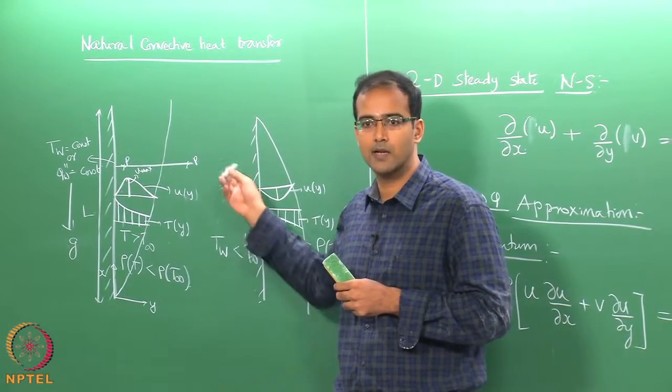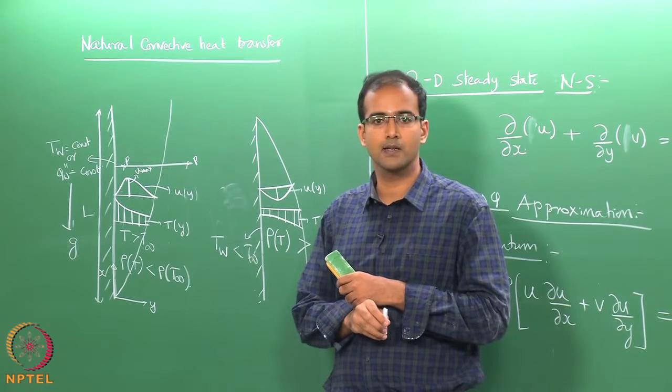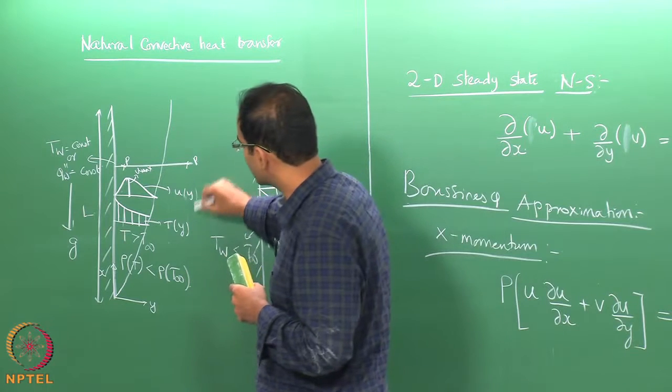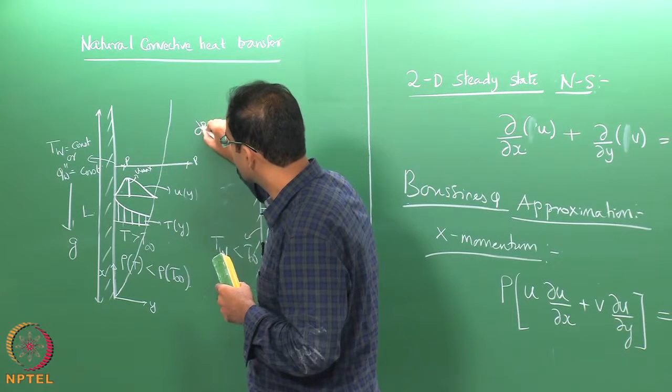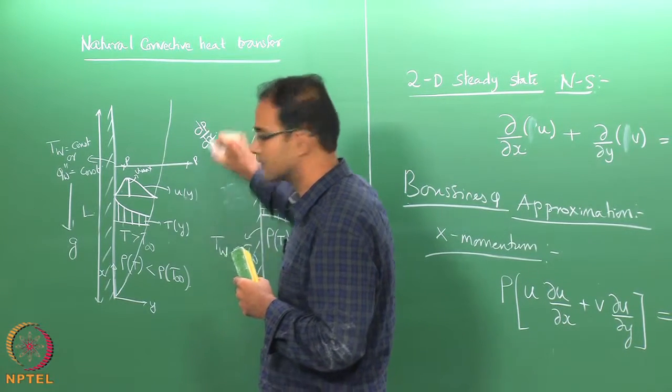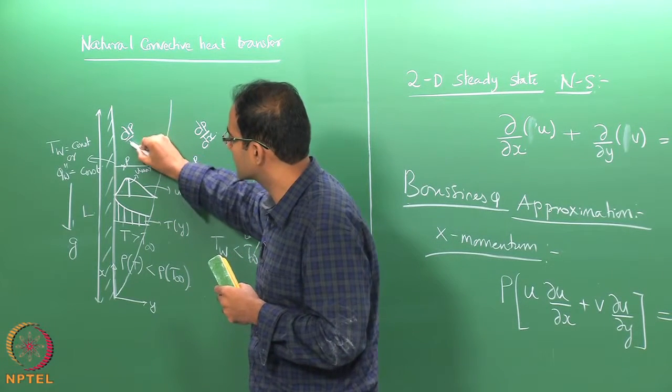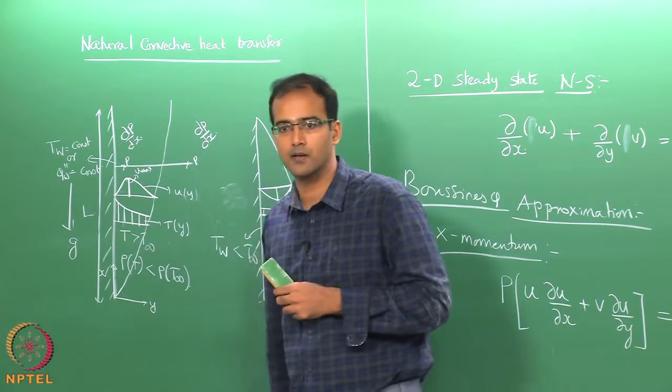That is why dP by dy is approximately 0. This also says that the pressure variation outside the boundary layer, that is dP by dx here, will be the same as dP by dx inside the boundary layer.